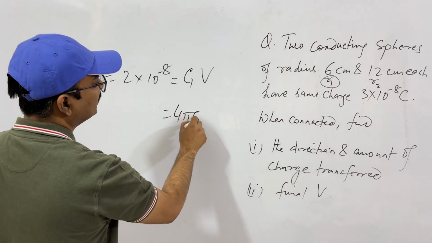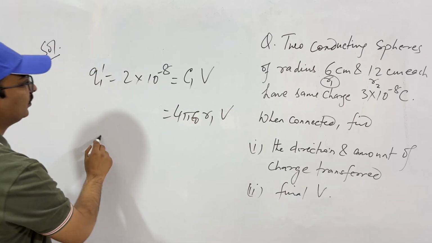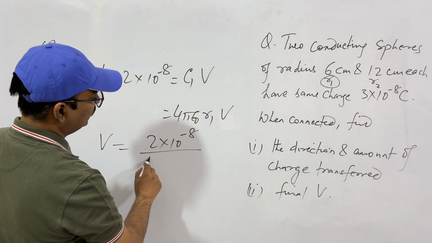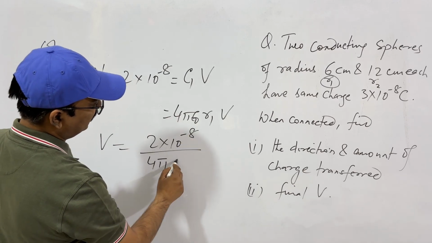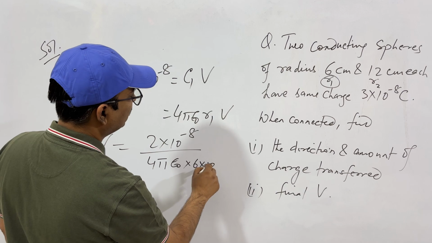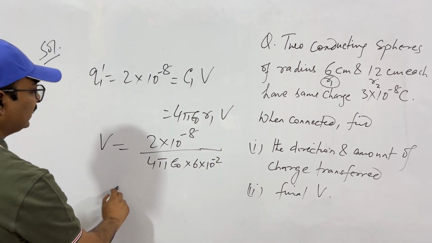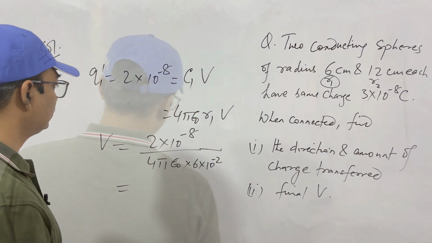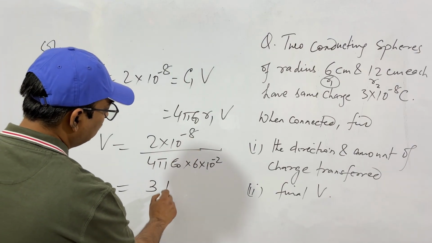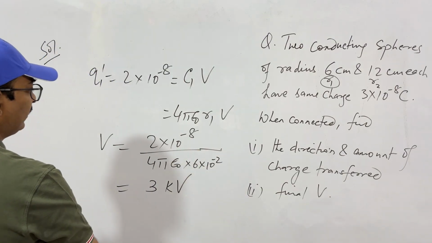C1 is 4 pi epsilon 0 R1. So from here, we have 2 into 10 to the power minus 8, 4 pi epsilon 0 and R1. R1 is 6, that is 6 into 10 to the power minus 2 meters. So let's find out. You should also calculate this. It comes to 3 kilovolts.